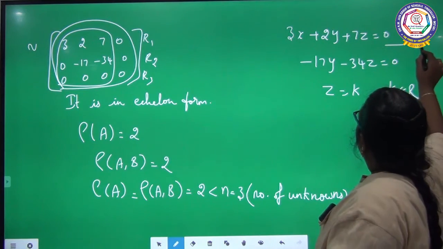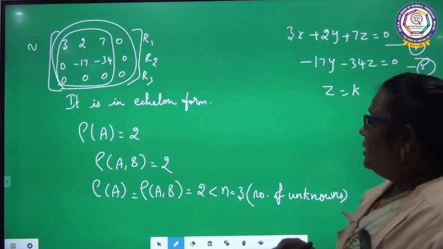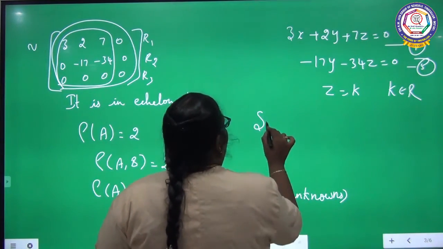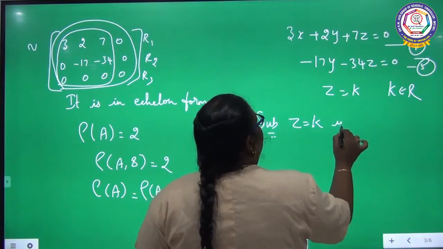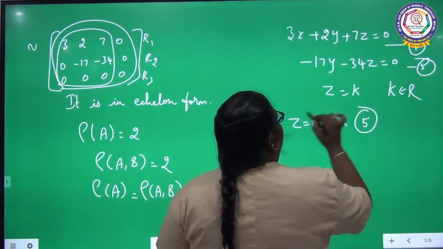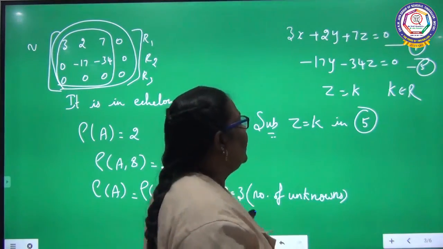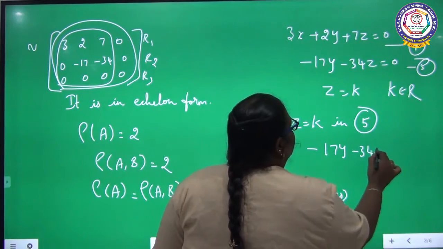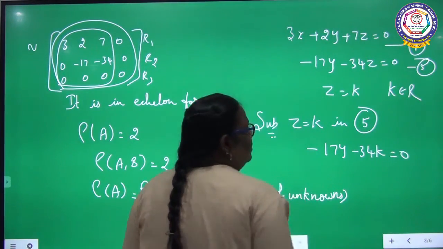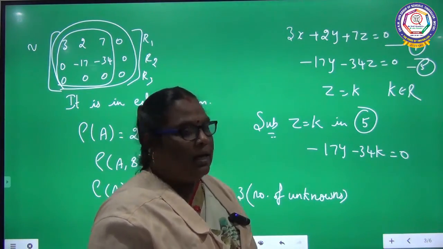So you can call these the fourth equation and the fifth equation. Substitute z equal to k in the fifth equation: minus 17y minus 34k equal to 0. Instead of the value of z, I substitute k.